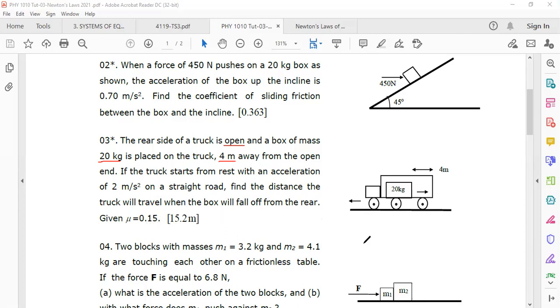So since this truck is moving in this direction with this particular acceleration, and we have the mass of the truck and the box inside, do we have the mass of the truck? We do not have the mass of the truck. This question seems interesting. So what do we do? First thing first, Newton's second law of motion.